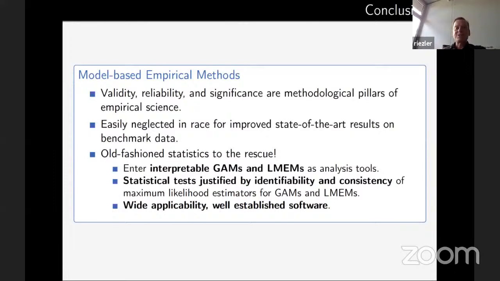The objective functions are convex. They have one optimum that you can use. The maximum likelihood estimators are consistent, and you can interpret the parameters of the model directly. You can be sure any training run will converge to the same models. This is a really important property of models if you want to use them to interpret or to do a statistical test.